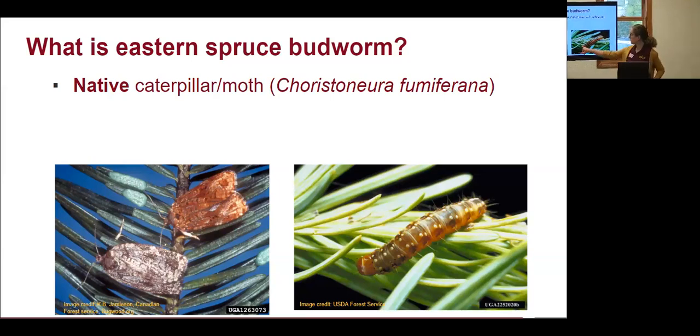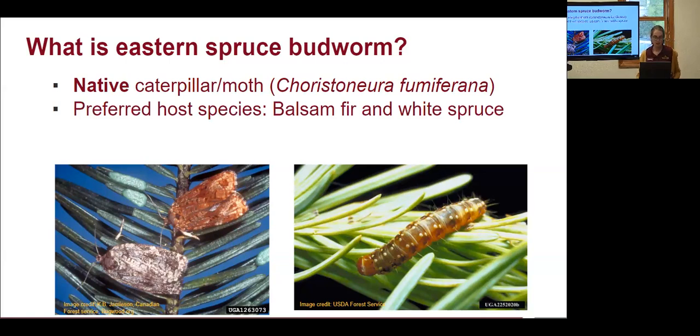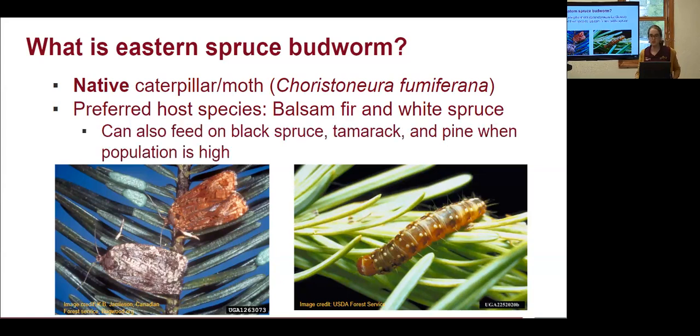You probably saw these moths flying around about a month ago when they hatched out of the pupas, but earlier this summer in May and June, you might have seen these larvae on your trees. The trees that they like to eat the most, their preferred species, are balsam fir and spruce. But they can also feed on other conifer species when their populations are really high. I saw them on my tamarack tree in my front yard this summer. I've seen them on white pines in other people's yards as well.